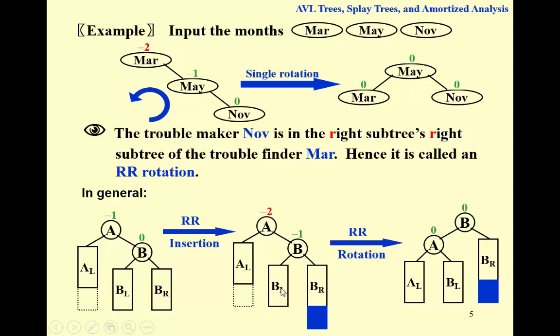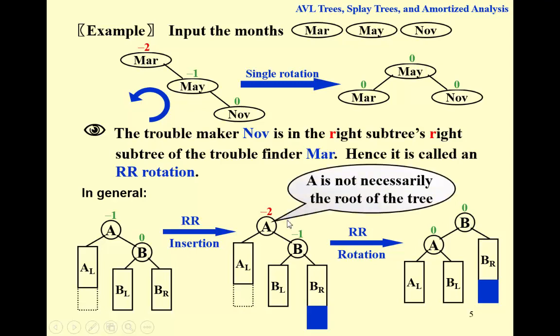Before the rotation, since this is the left subtree of B, it's smaller than B. And this is in the right subtree of A, so it must be larger than A. After the rotation, it's the right subtree of A, so it's larger than A. And it's in the left subtree of B, so it is smaller than B, so everything is fine. So this is a single rotation. One thing to be noticed here is that this A is not necessarily the root of the tree. It can be the root of any subtree.